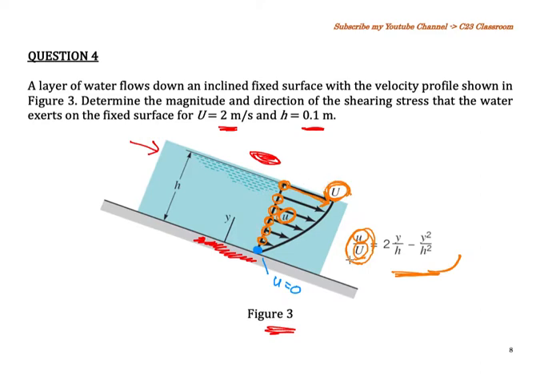So u over U means the ratio of a specific velocity at a specific value of y, because in this equation we have y, the location of the molecule where we could find the velocity.